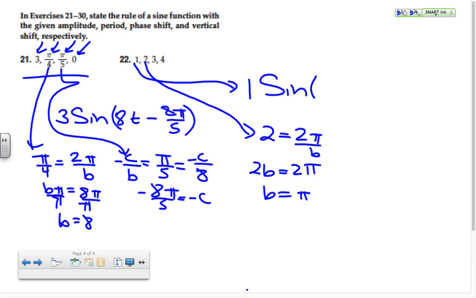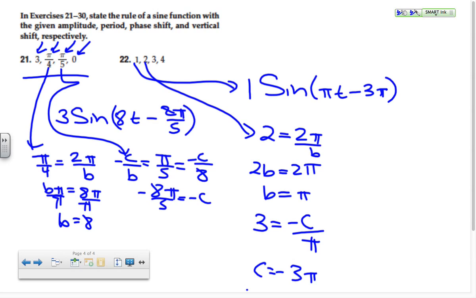All right, so my sine of pi t. Now my c value is going to be 3 equals negative c over pi. So c is going to equal negative 3 pi. That should be easy math, right? So minus 3 pi. And my d value is 4. See, those are fun. Have fun with this. Have fun with your homework today.